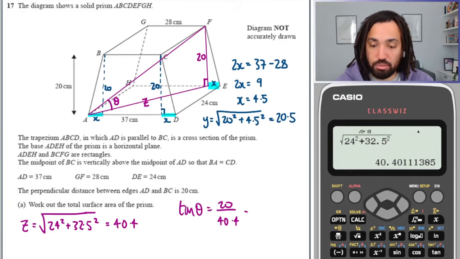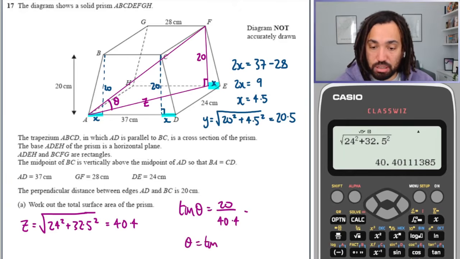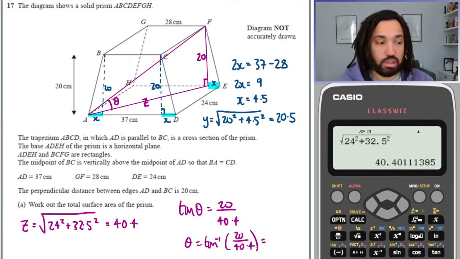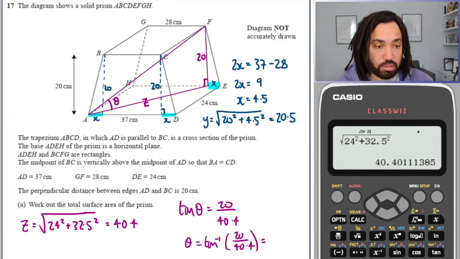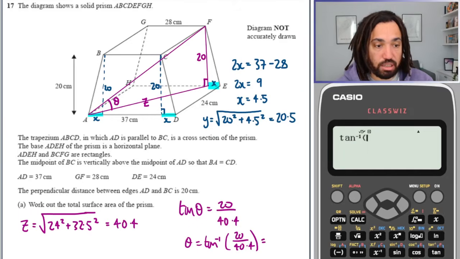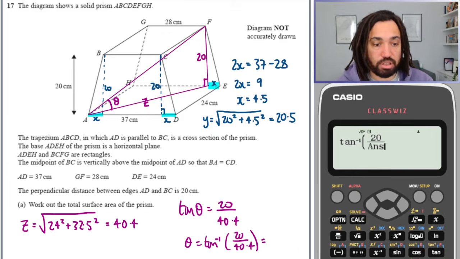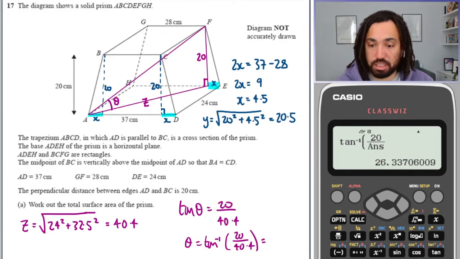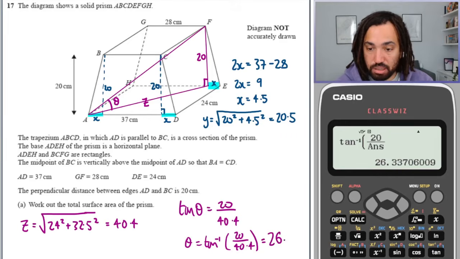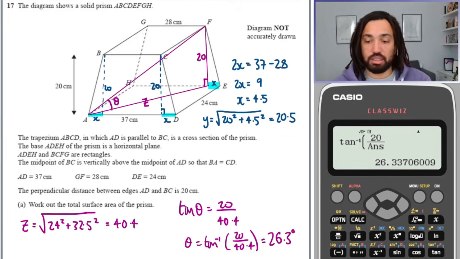So then we do tan to the negative 1, or inverse tan of 20 over 40.4. And that should be good to go. So we'll do inverse tan of 20 over the previous answer, and we get 26.3. And that's the answer to part B.